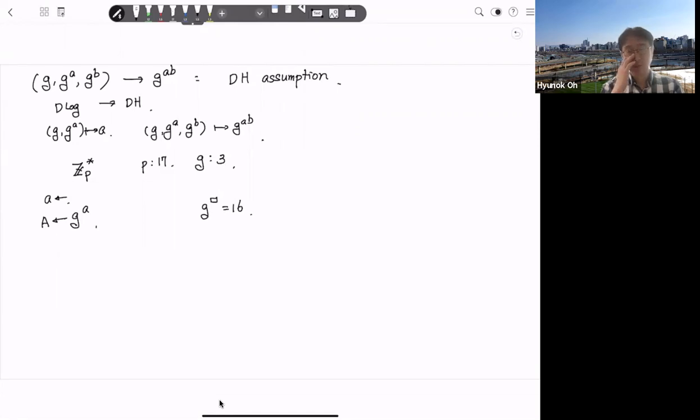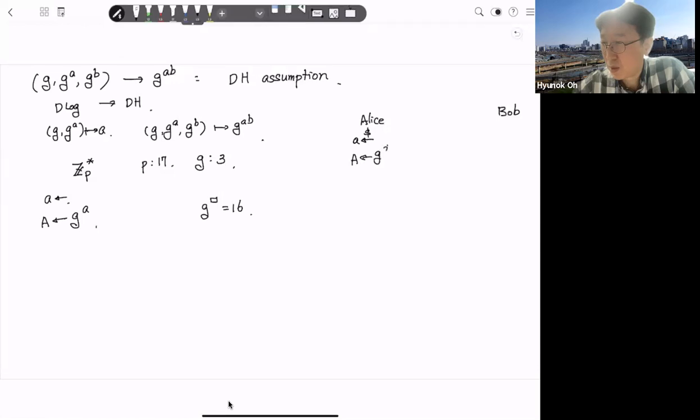You can use a calculator. Alice, Bob. Alice is choosing a random number a and computing g to the a.